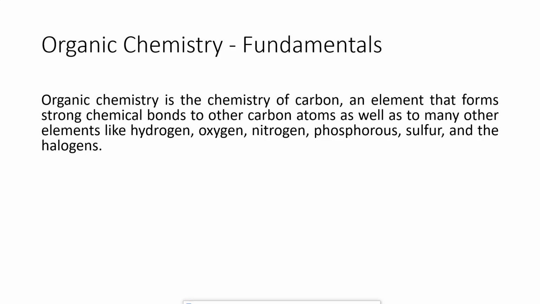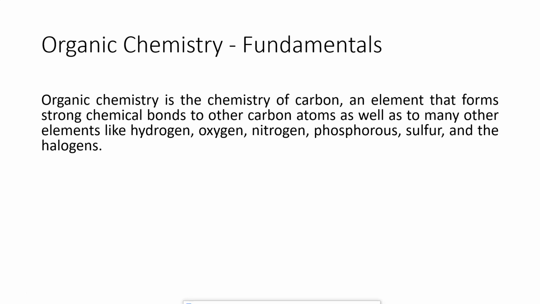And carbon is an element that forms strong chemical bonds. And these strong chemical bonds are covalent bonds. Remember, covalent bonds are stronger than ionic bonds, right? Now, these bonds are formed between two carbons, or carbon can also be bonded to many other elements like hydrogen, oxygen, nitrogen, phosphorus, sulfur, and some of the halogens.